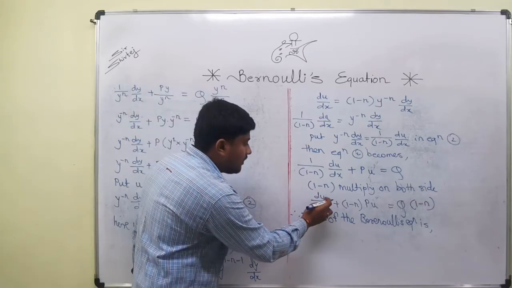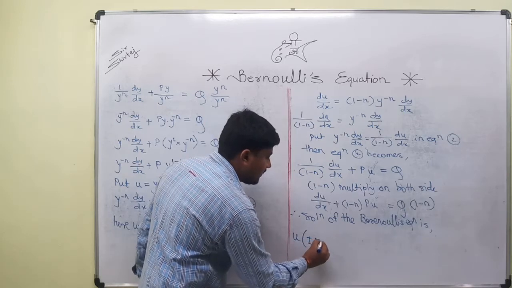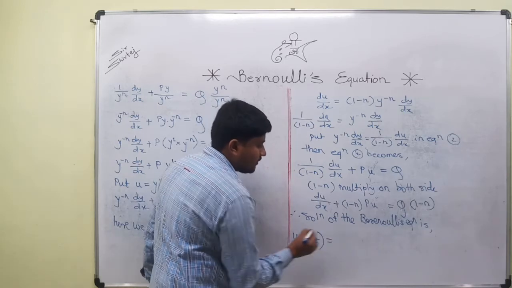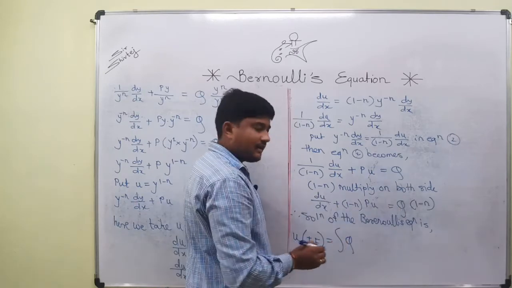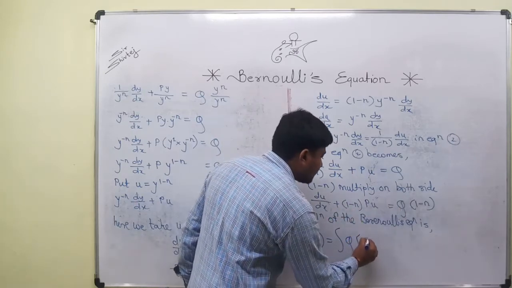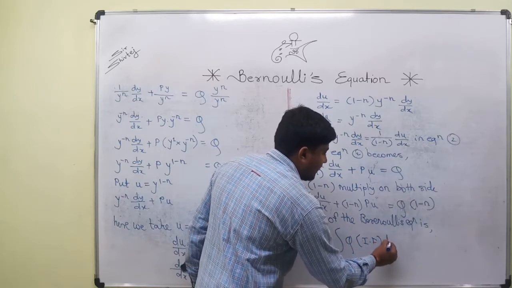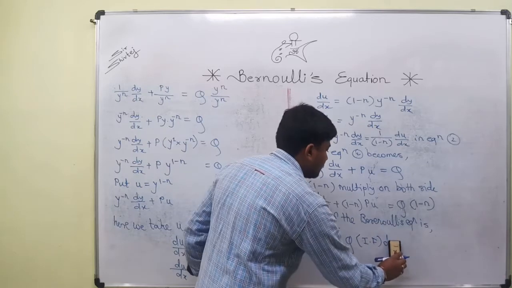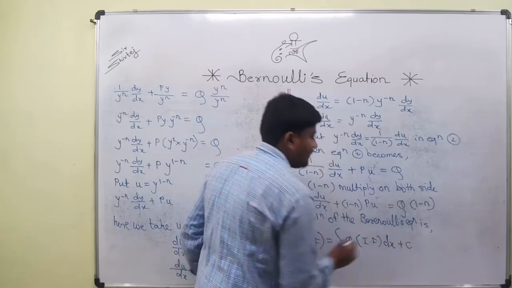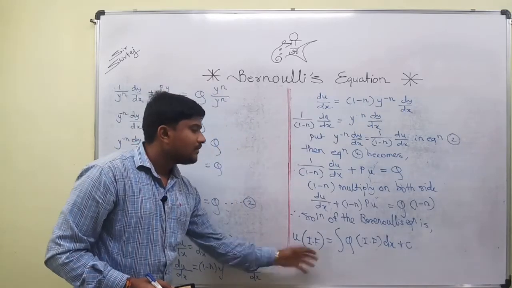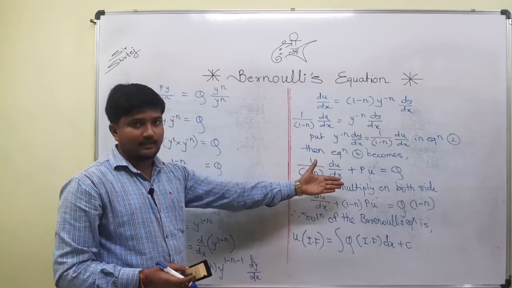Therefore dependent variable u into integrating factor is equal to integral of q as it is, and into integrating factor dx plus c, okay. That becomes the solution of Bernoulli's equation in the form of LDE, okay.